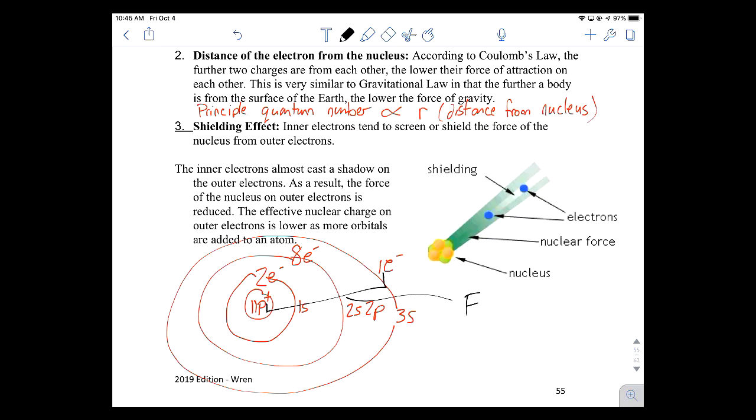Coulomb's law starts to fall apart, and instead of taking the proportional as 11 times 1, so 11 positives and 1 negative, these inner electrons screen out the equivalent of 10 of those charges. So the force gets dropped down to just 1 times 1.